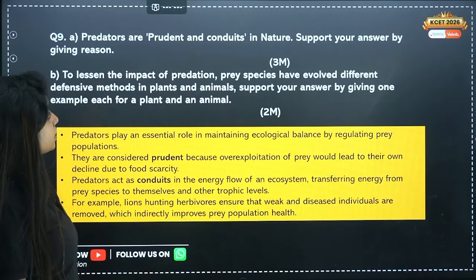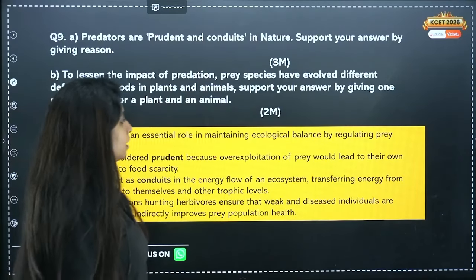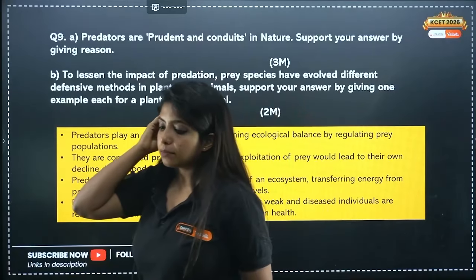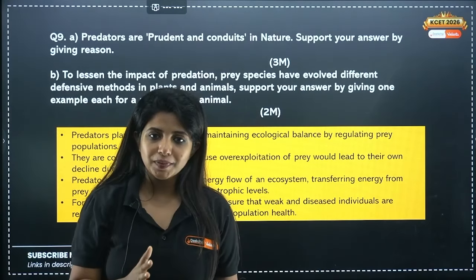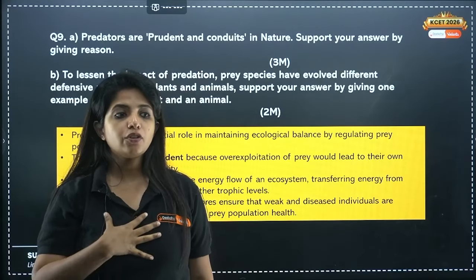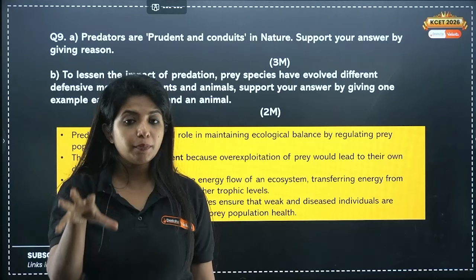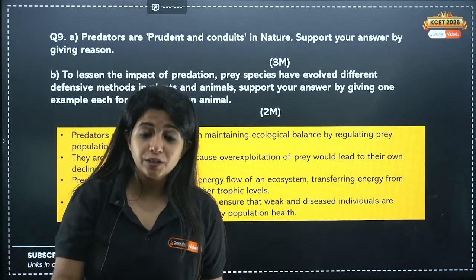Now, predators are prudent and conduits in nature. Support your answer by giving the reasons. Prudent basically means that an organism makes sure that it has something to eat every time; it does not overexploit its prey. For example, if my resources are limited, I need to make sure I leave behind something so that I have food later on also.